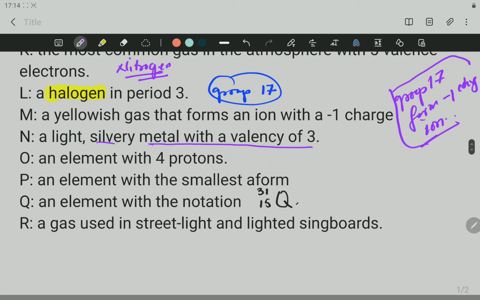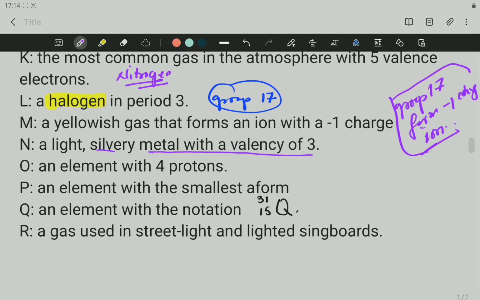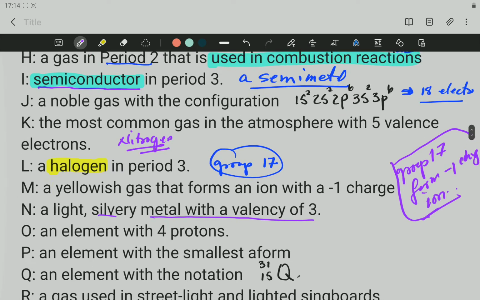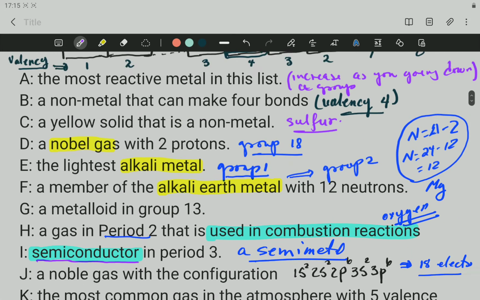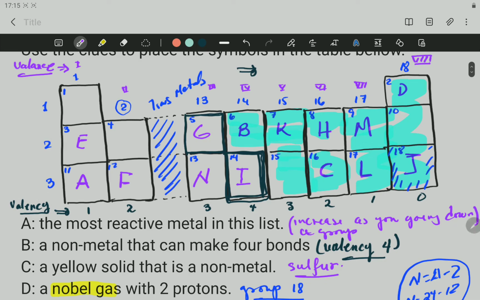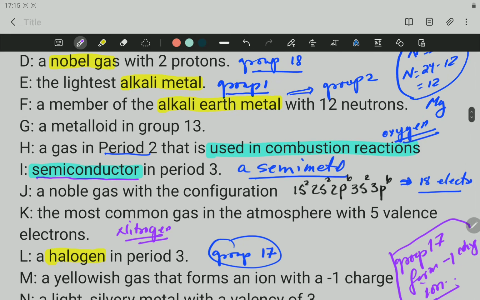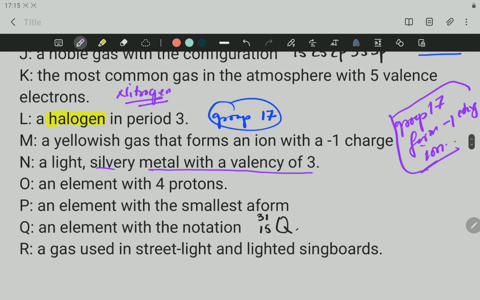An element with 4 protons. You go to the periodic table. An element with 4 protons is element number 4. That will be an element with 4 protons. That is quite simple. You go to P, an element with the smallest atom form. There's a small mistake in that word there. With the smallest atom, it's supposed to be atom.